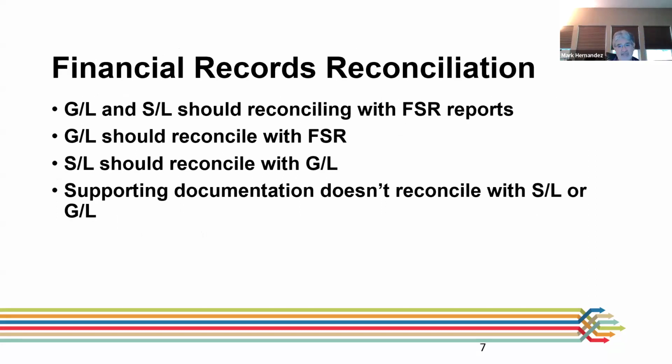So in that situation, we're talking about how do we reconcile within our organization so that we can get paid. In most cases, you're using either general ledger or subsidiary ledgers. Typically, it's more subsidiary ledgers or the fund account itself.